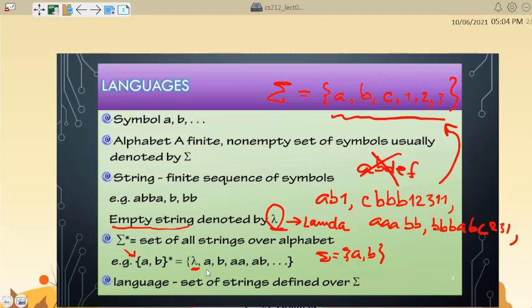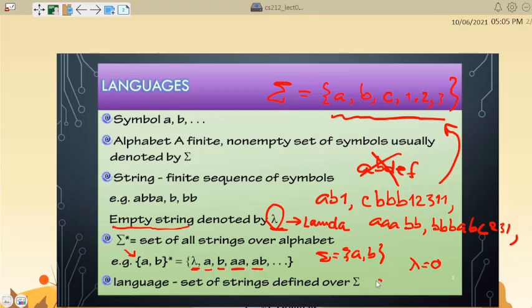For example, lambda is the empty string, which means it has nothing, but it is a special string. So the length of lambda is equal to 0. It's the null string. A has length equal to 1.